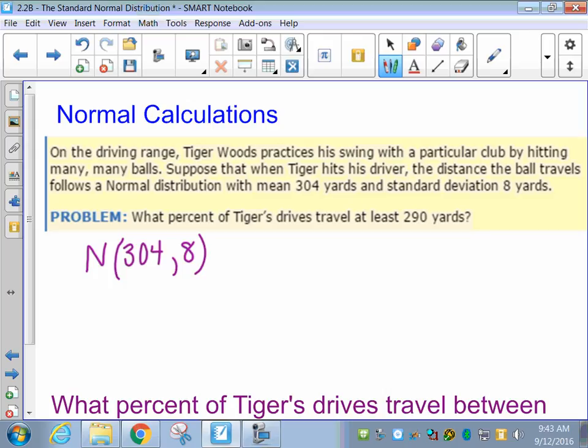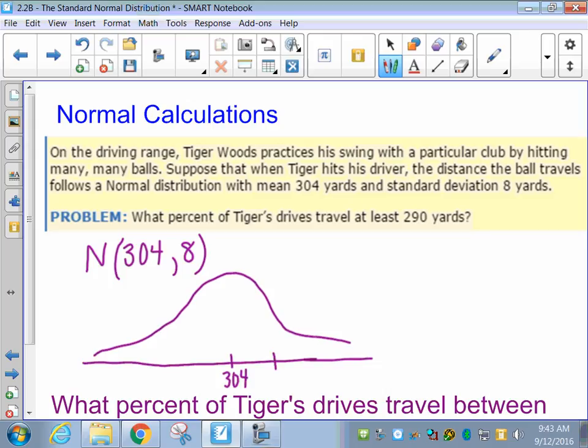So we did these charts last time, but we used the 68, 95, 99.7 rule. So this time it's probably not going to be exactly on one of the standard deviations. Or you could use that rule if it is on one. So we have a mean of 304. We're going to add 8 for the first standard deviation. So I have 312. Add 8, that's 320. Add another 8, that's 328.